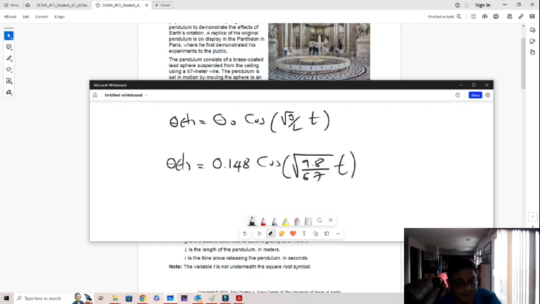And that's it. This gives you the function that you're going to use for plotting. Notice that this is very similar to what we've been doing. This reflects the amplitude, and this reflects the speed of the function. So from this, you're also going to be able to find the period.